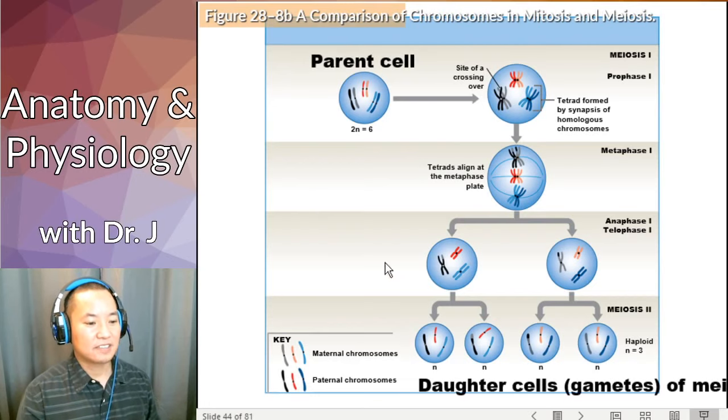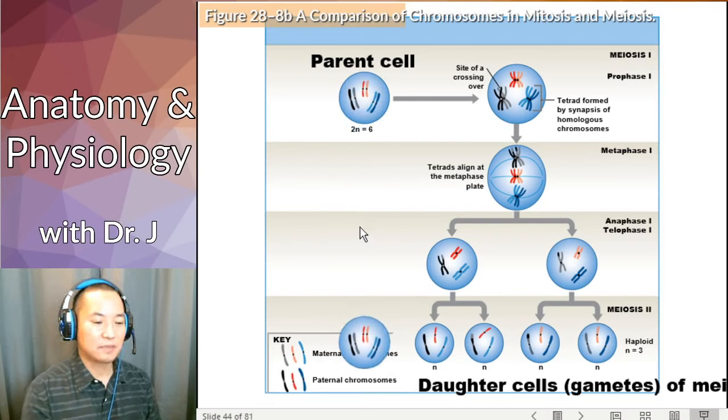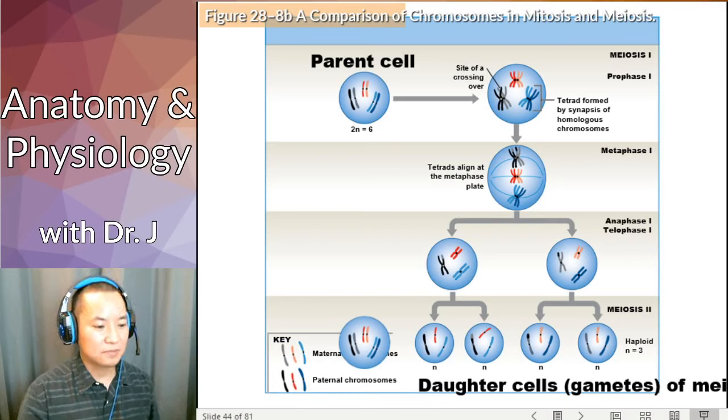What do you notice here? Well, let's compare them. Compared to mitosis, where you only had two daughter cells, in meiosis, after meiosis 2, you have four daughter cells. And notice what's different. The daughter cells are slightly different from each other, and they also have half the amount of chromosomes.